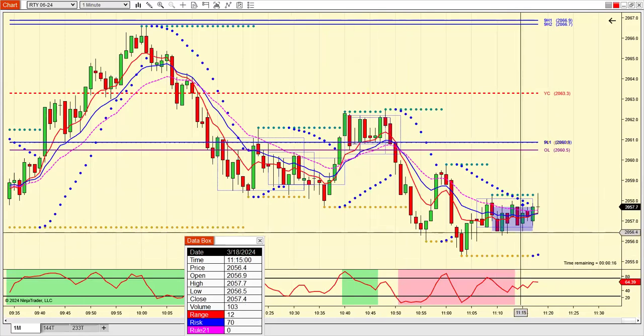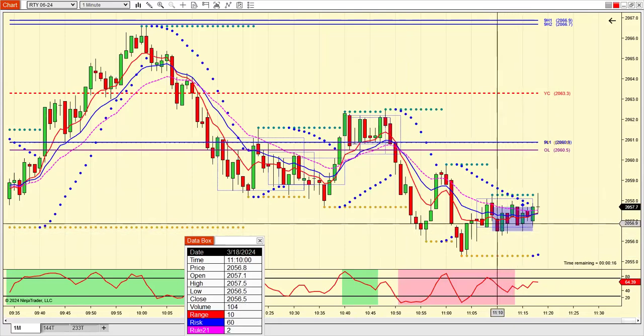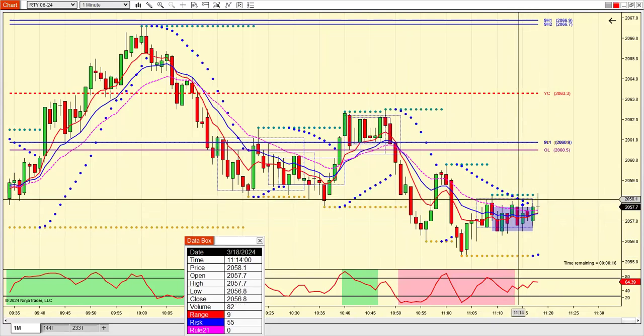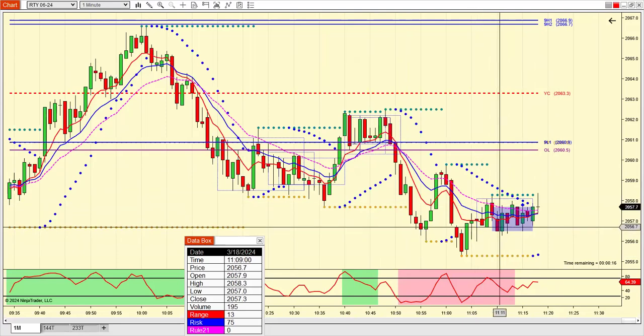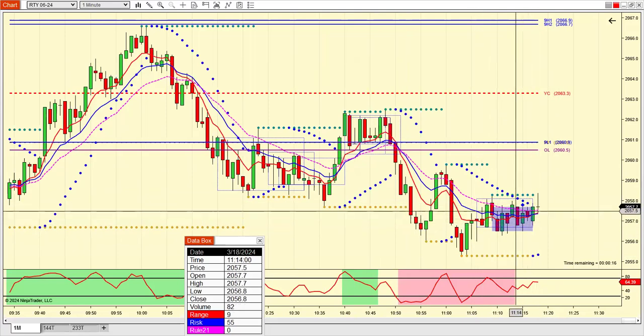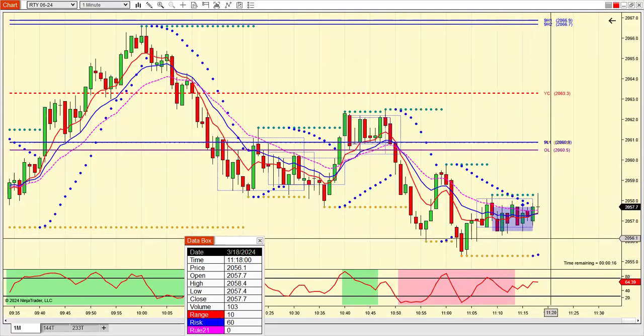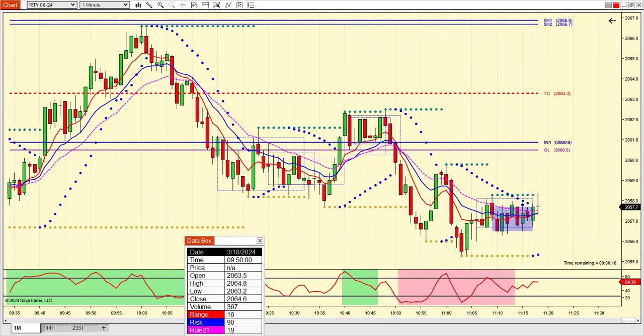You just were witnessing that this algorithm is always searching for congestion, even if it finds congestion to replace the old one that it's left behind with a phantom box. Notice this one's even more compact, a little easier to get a breakout. That's nice. Okay, so it does it for you. It's always hunting for real congestion. You don't have to guess.